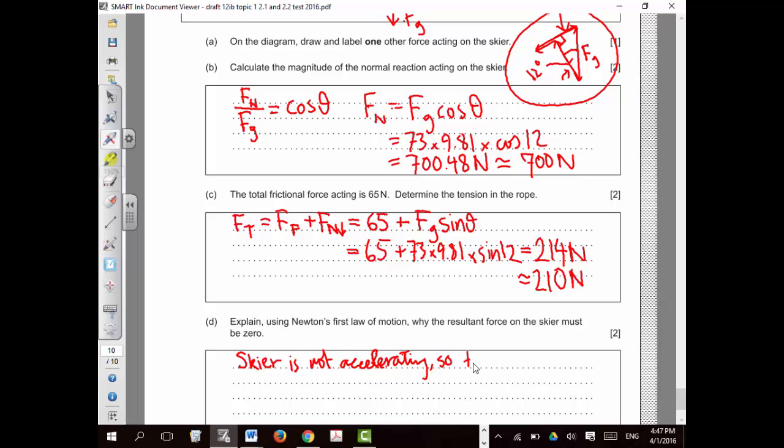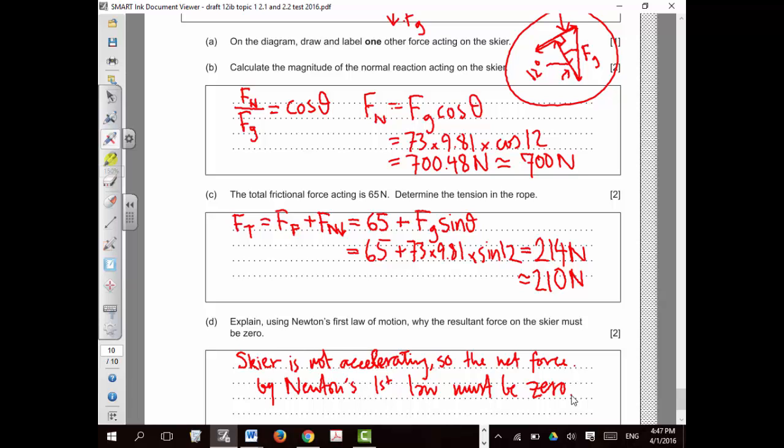So the net force, by Newton's first law, must be 0. Okay, or words to that effect.